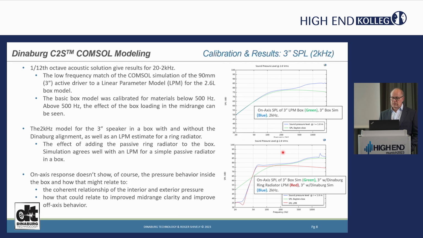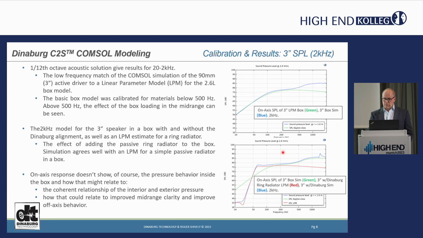Plus, we're not really seeing a lot of the pressure behavior that's inside the box at those higher frequencies in mid-range. Because one of the things that was understood from some of the early prototypes, which were difficult to measure and correlate to, some of the early prototypes related the sound quality of the alignment to mid-range clarity, and also had a greater improved off-axis behavior.